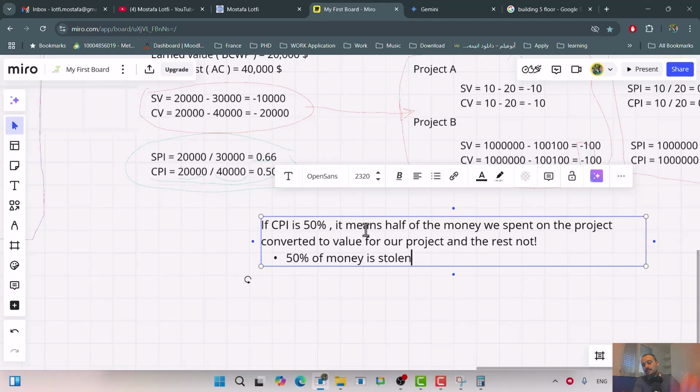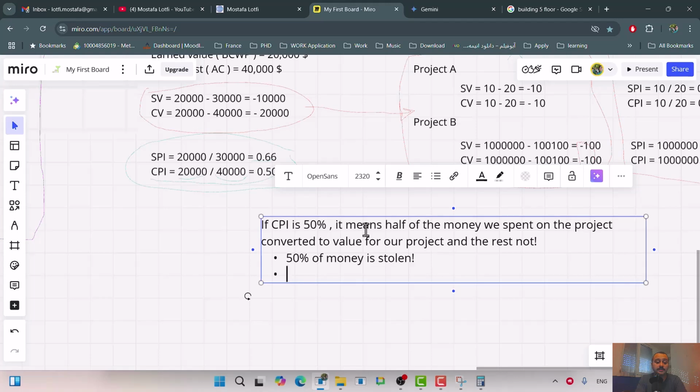Someone stole your money, just picked the money and ran away. And for half of your money, your team managed to deliver 2 floors, right? It also means your team is not working efficiently.